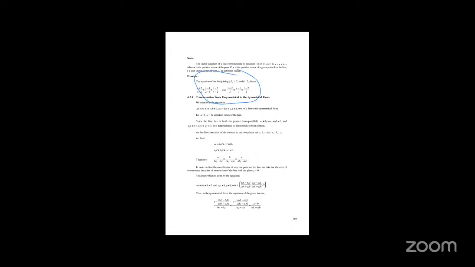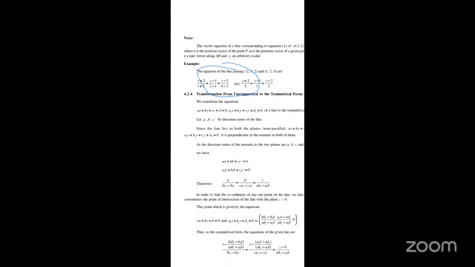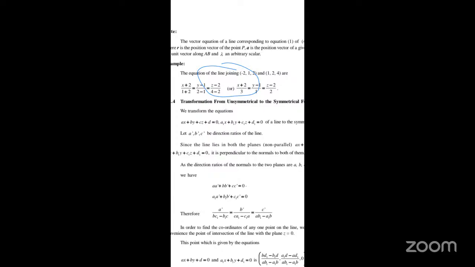So this is one problem. The equation of the line passing through the 2 points, as we just discussed, is x minus x1 by x2 minus x1 equal to y minus y1 by y2 minus y1 equal to z minus z1 by z2 minus z1.